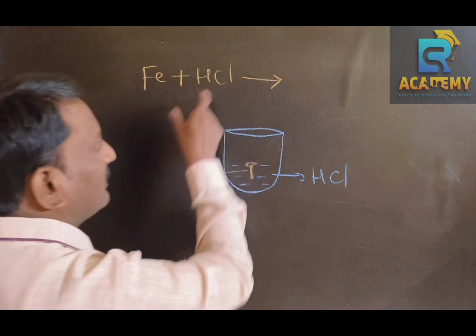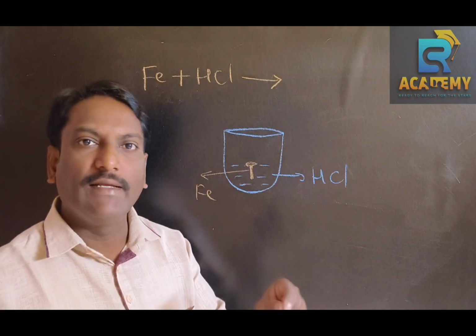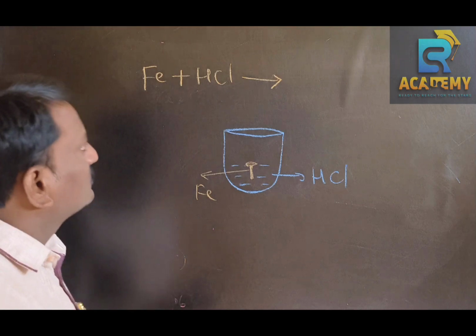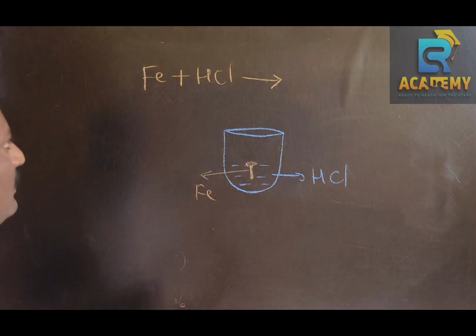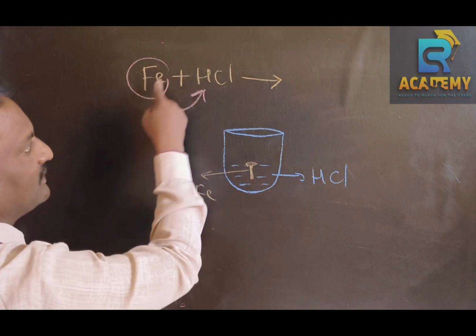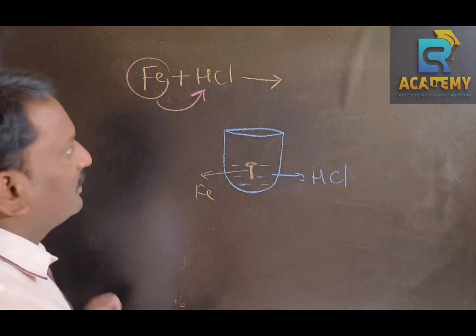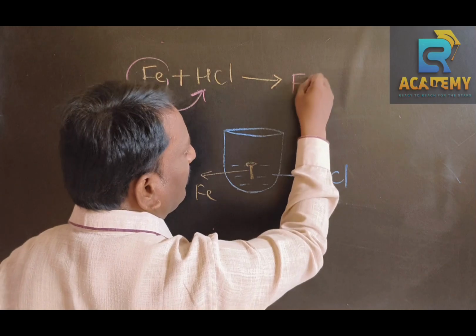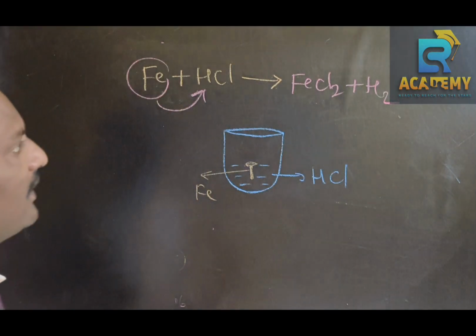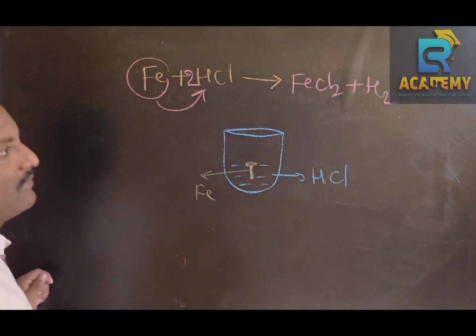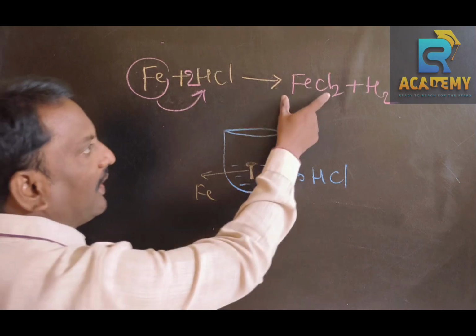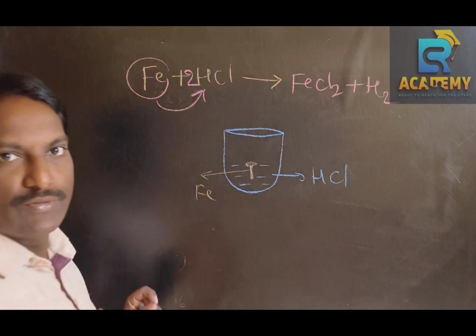I said already, displacement reaction means a highly reactive element displaces a less reactive element from its solution. Here, iron is more reactive than hydrogen, so hydrogen is replaced by iron. Then we get iron chloride, FeCl2, along with hydrogen gas. So according to the given question, the answer is iron chloride and hydrogen will be produced.